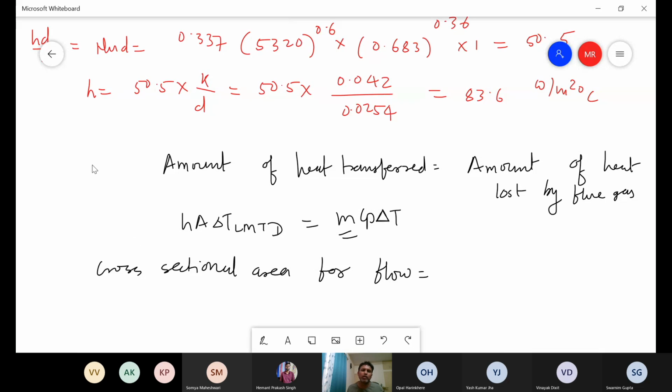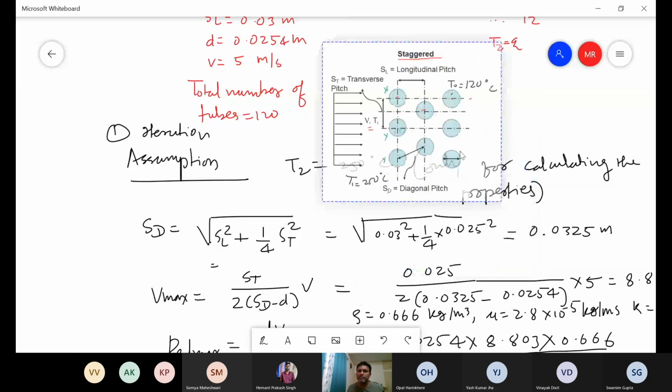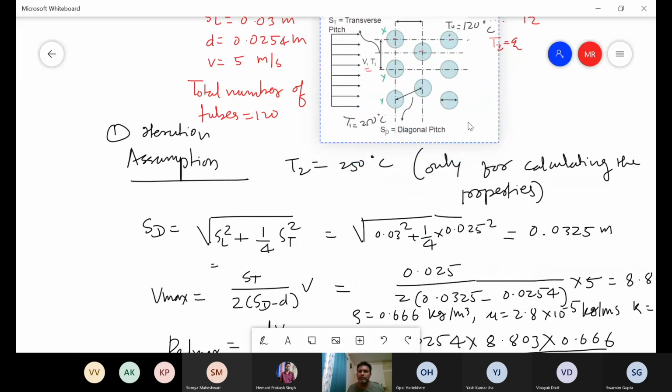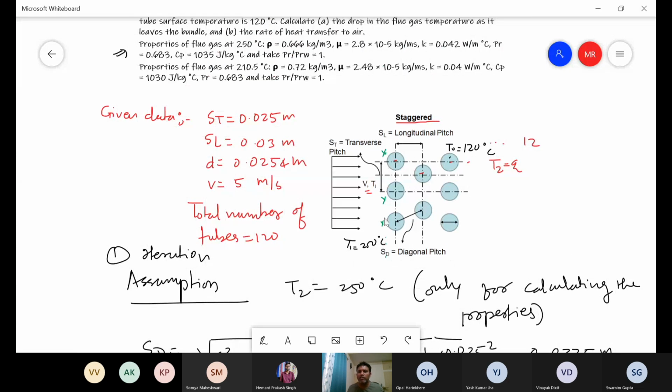Let me go back to the figure again. So the cross sectional area is going to be this area. Remember, this height we can find out because we know the transverse pitch and how many rows there are, and also the width in the z direction, that is the length of each tube.